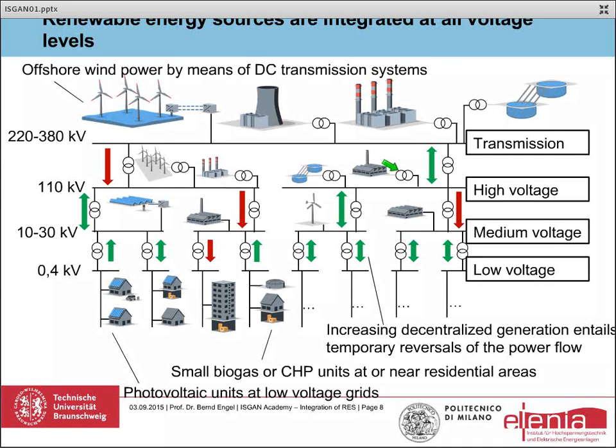Conventional power plants are connected to the transmission grid, so the very high voltage level with 220 or 380 kilovolt, and traditionally the power flow was to the high voltage level, which is 110 kilovolt, then the medium voltage 10 to 30 kilovolt, and then the low voltage system.